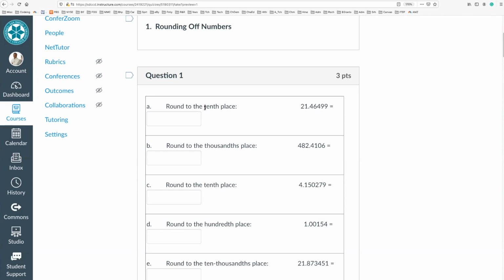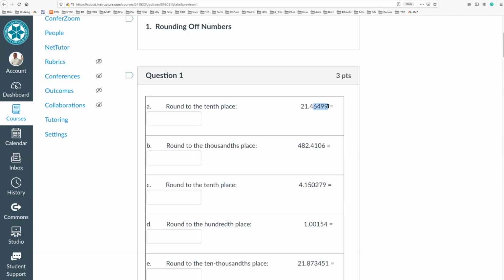So when it tells you to round off to the tenth, you're rounding it off to 21.4 or 21.5, because you've got to decide whether to round that 4 up to 5. If you look at the next series of numbers, these right here, that is 6,499. If it's higher than 5,000, then you have to round up.